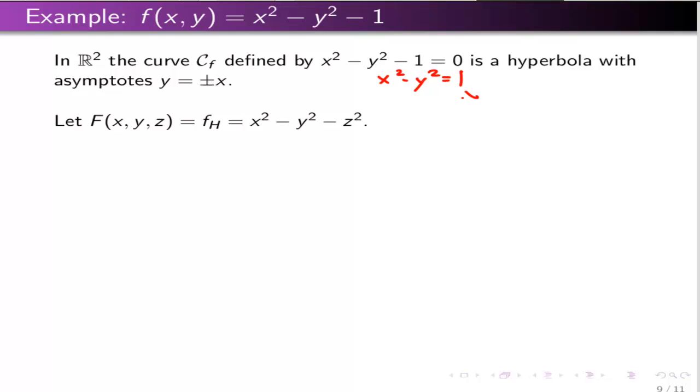So this term right here, I'll just multiply by z squared, and we get the polynomial capital F of xyz, which is little f homogenized, and that's x squared minus y squared minus z squared.